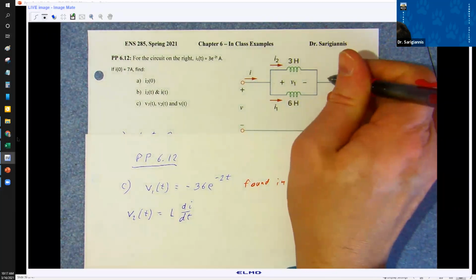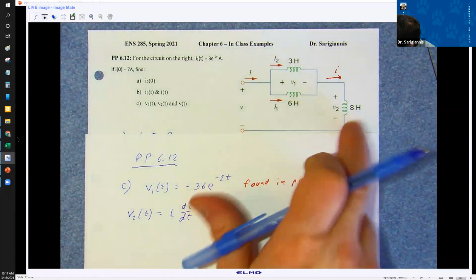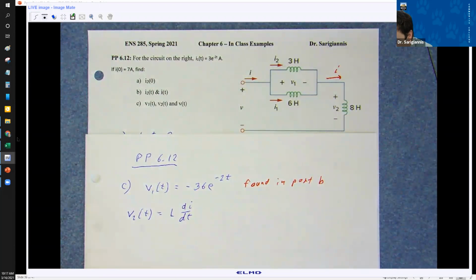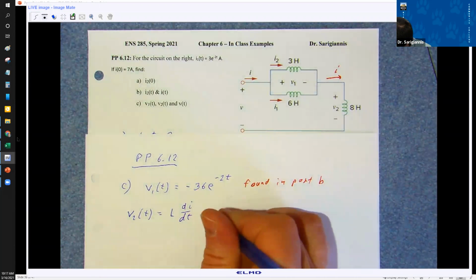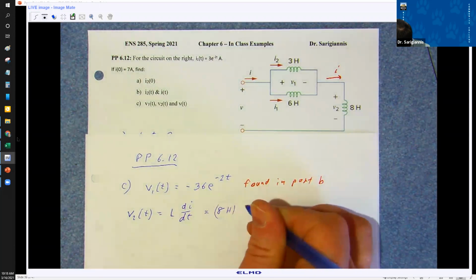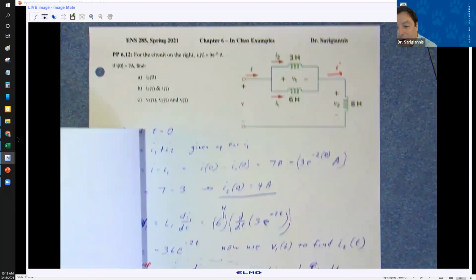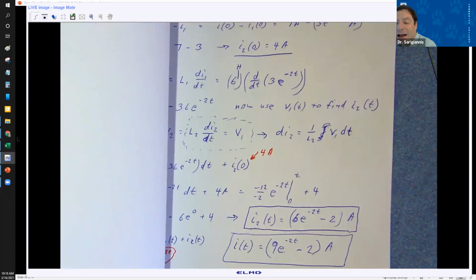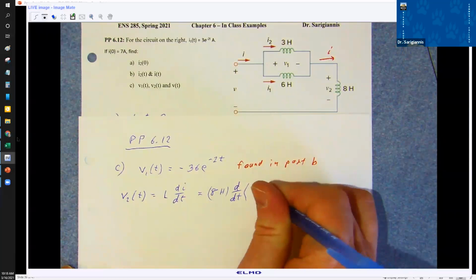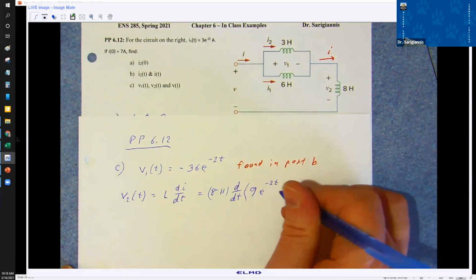So this is, again, I. So that I goes through this inductor, and we have a function for I. So V2 of t is going to be L, which is 8 Henries, d dt. Now, what's my function? My function we found over here, 9 e to the minus 2t minus 2.